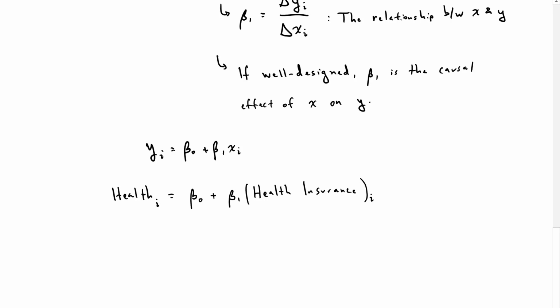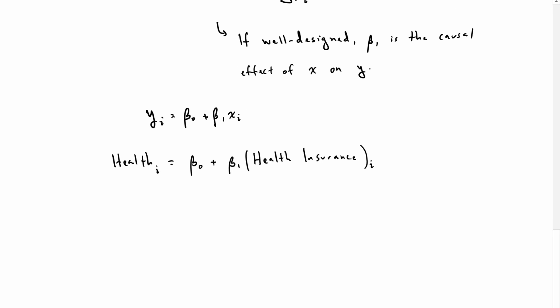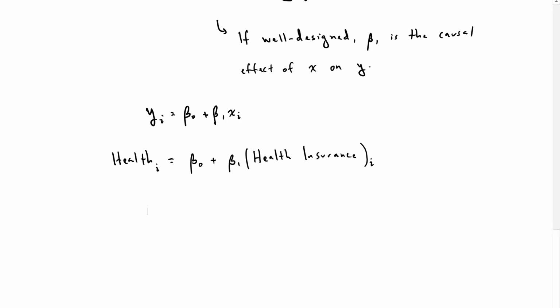So if we look at this, we're kind of asking ourselves, what's the effect of health insurance on health? But the issue is that health insurance is not the only thing that affects people's health. And because of that, we add to the equation what we call the stochastic error term.